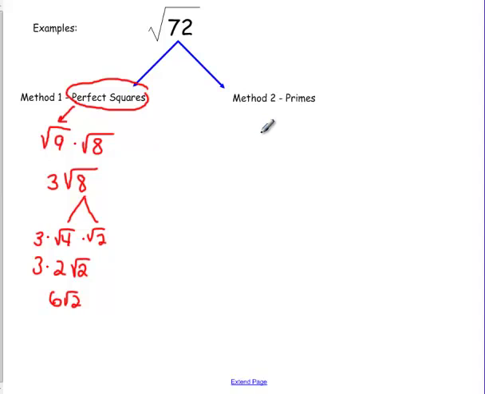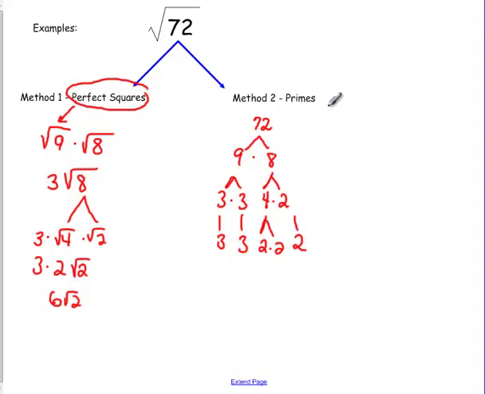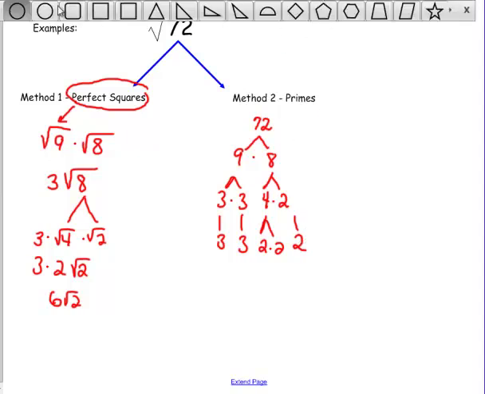Primes is kind of like you were back in 6th grade. We take the number 72 and we break it down like a factor tree. All right, keep going with this factor tree. And now I'm broken down into primes.